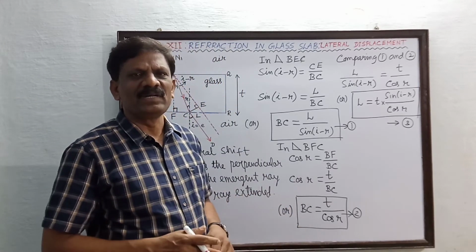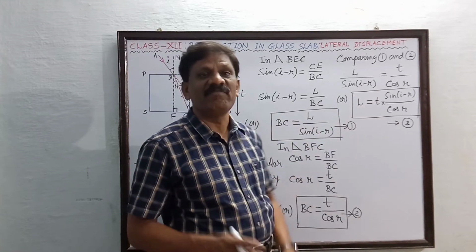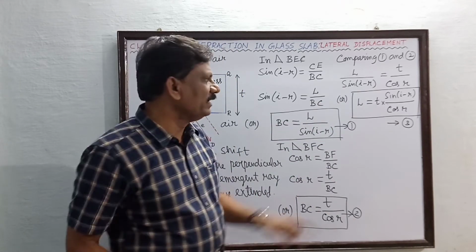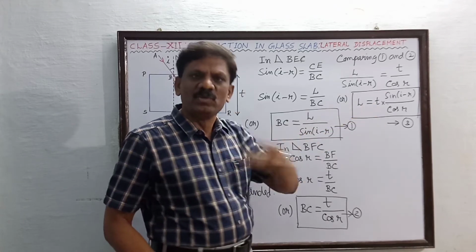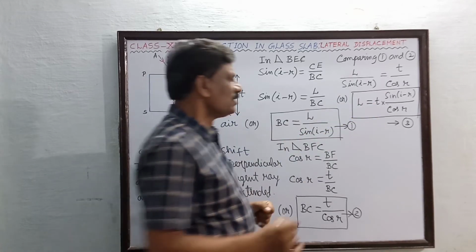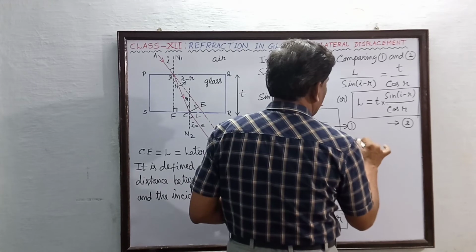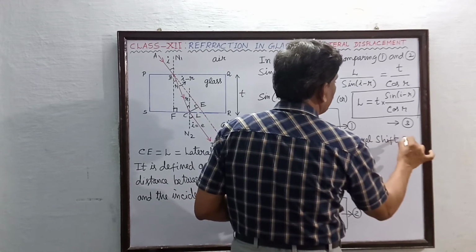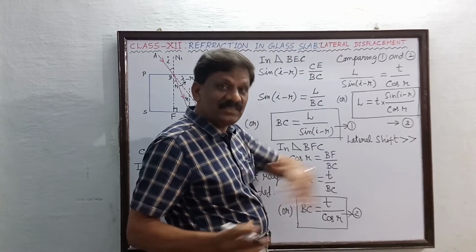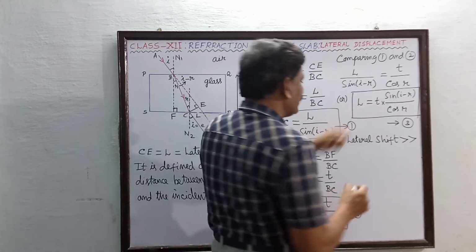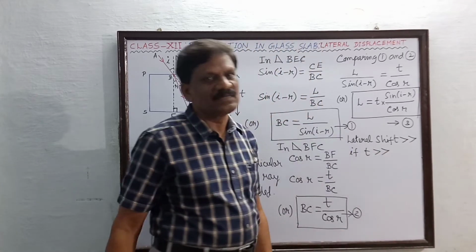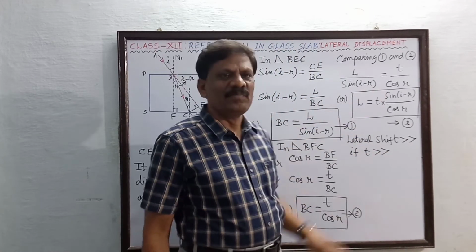Suppose it is a 5-mark question, then we have to extend this. Some factors on which lateral shift depends. Can you all see that L is directly proportional to T? Is it not? So the lateral shift increases if thickness T increases, because they are directly proportional to each other.